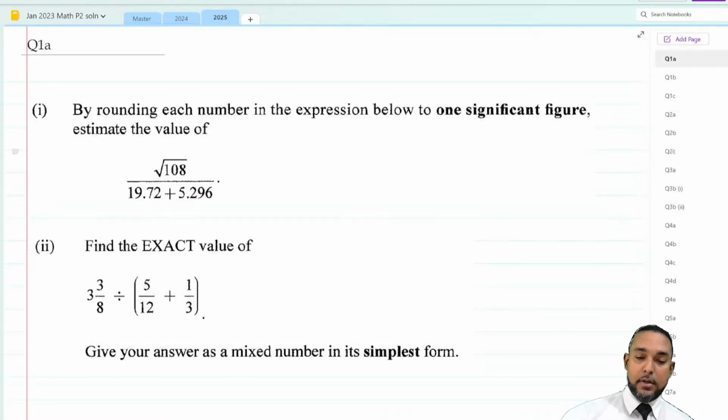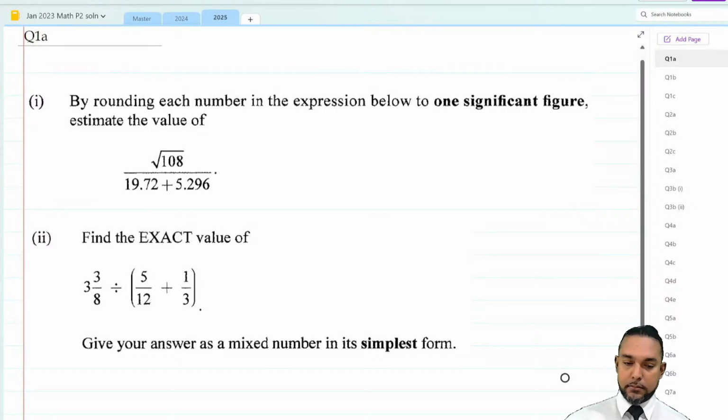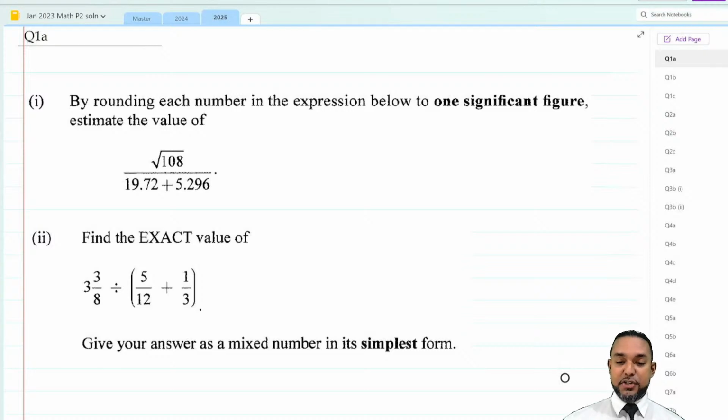So, Jan 2023. This one I apparently didn't lay out the same as the regular papers, but it'll work nonetheless. Okay, so go ahead, please start. Yeah. So it says by rounding each number in the expression below to one significant figure, estimate the value.